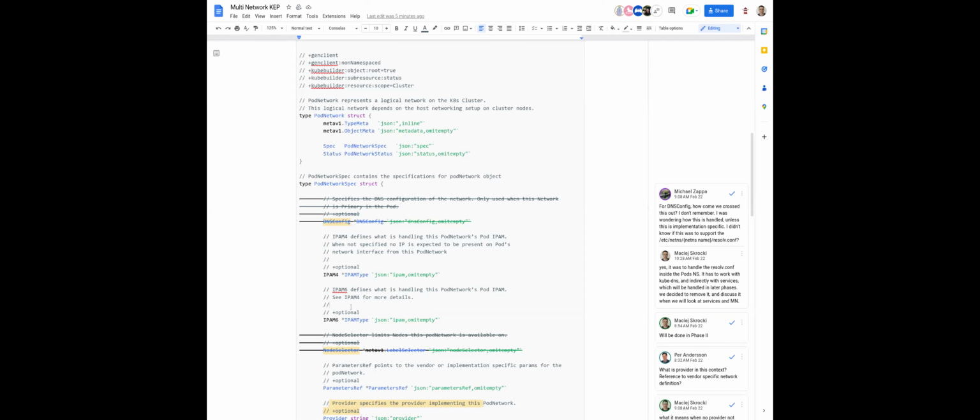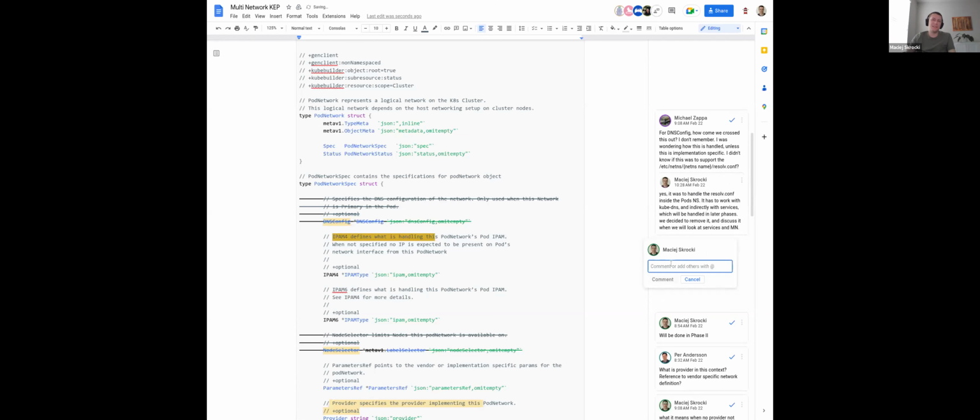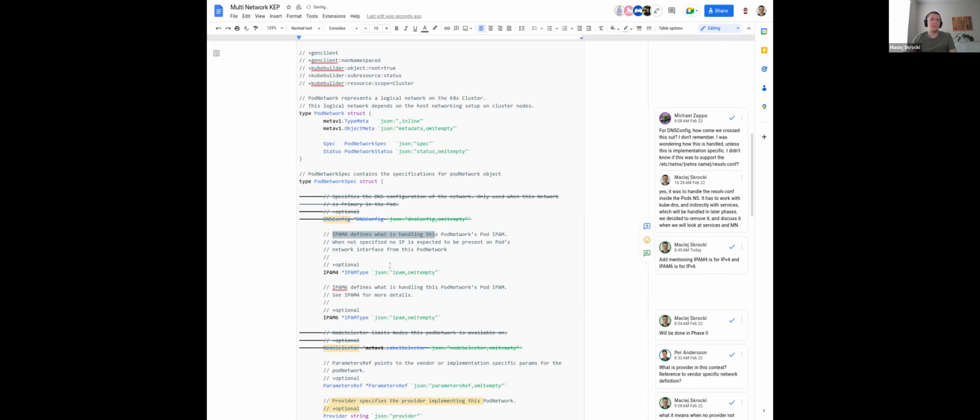I mean that you should mention that IPAM4 is for IPv4 and IPAM6 is for IPv6. Okay, I see what you're saying. Yeah, that's a good catch. We'll add that.